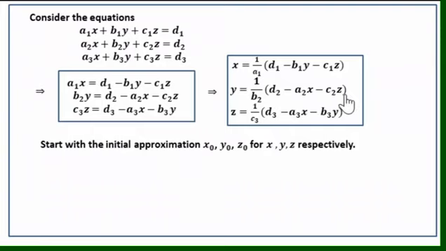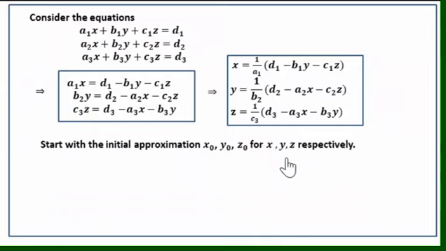Then we use the new values of x and y, that is x1 and y1, in the calculation of z1. So z1 is equal to 1 by c3 into d3 minus a3 x1 minus b3 y1, and this accomplishes the first iteration.